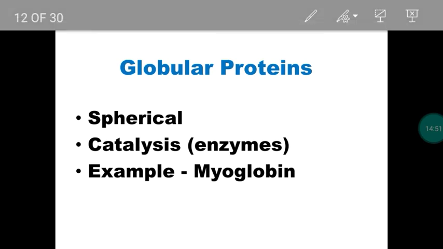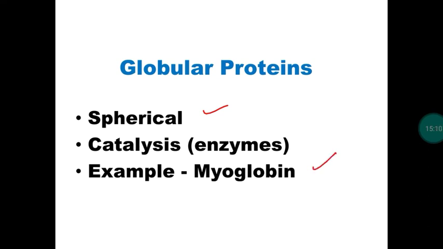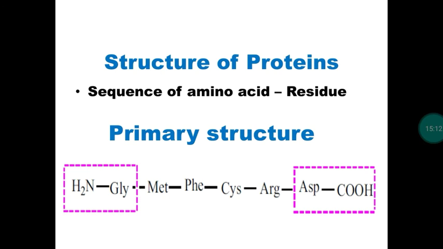Globular proteins are mostly used as catalysts. So enzymes are nothing but what? Proteins. These enzymes are used as catalysts in biological reactions. An example for globular protein is myoglobin. With this, classification of protein is over.